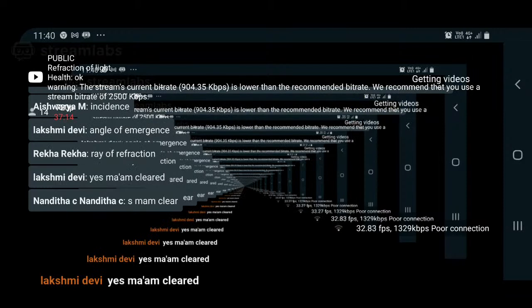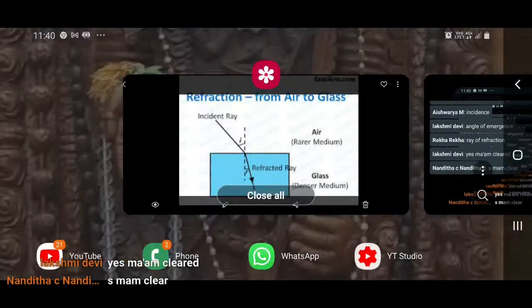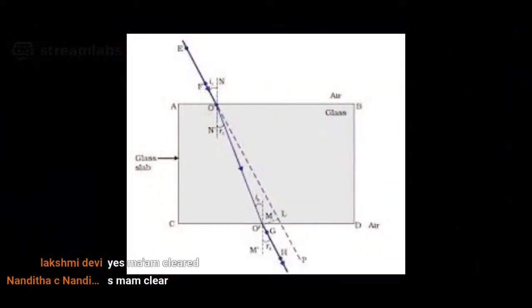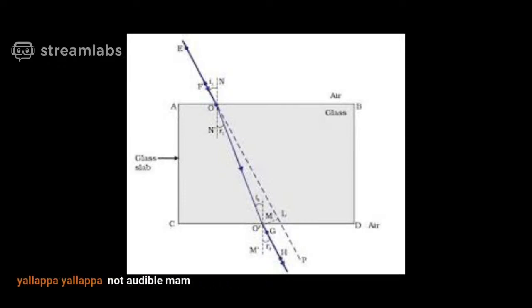Share the screen. Now look at the diagram, and look at the angle of incidence I, and then the angle of refraction R1. Refraction takes place in the glass medium, that is I1 R1.